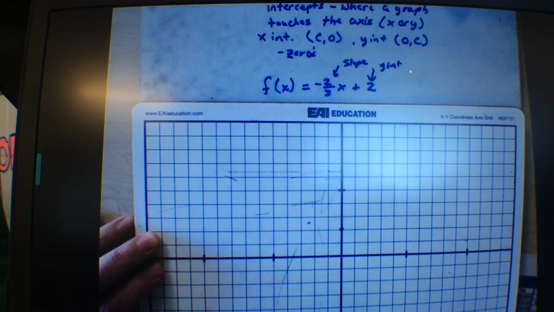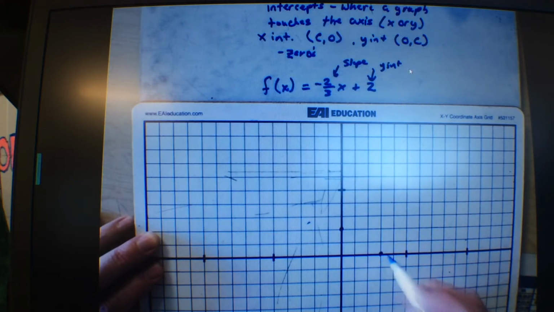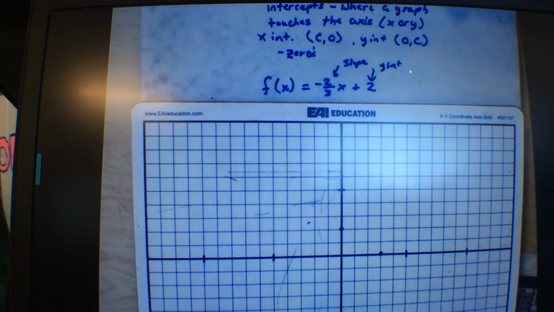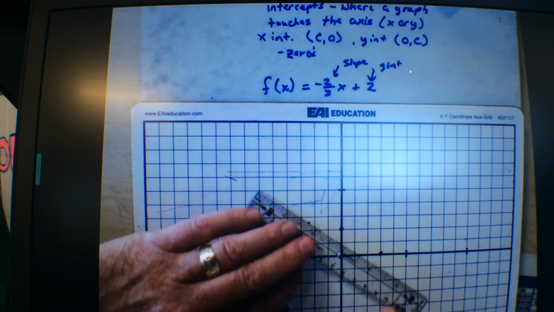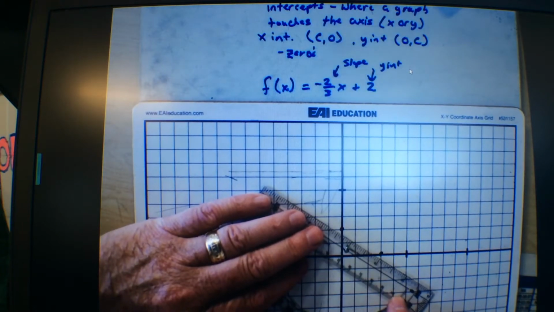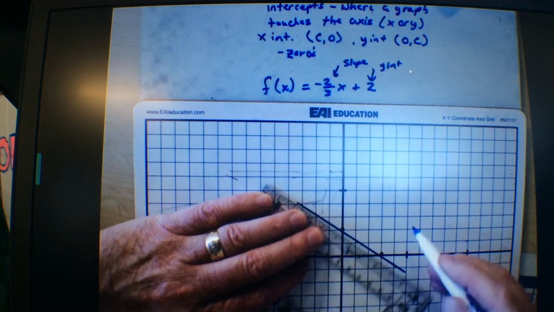Okay. We're gonna look at the x-intercepts here in a minute. So now I'm gonna go down 2, right? Down 2 from this point, 1, 2, and to the right 3. Okay, and then I take a straight edge and I graph it.